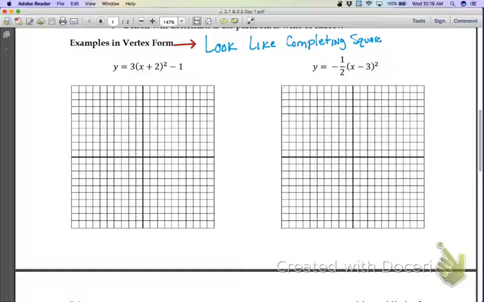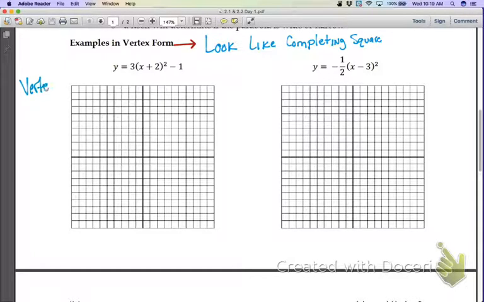Okay? From there, it really has nothing to do with completing the square, but if you want to get it in factored form, that's what you're going to have to be able to do if it's not already looking like this.